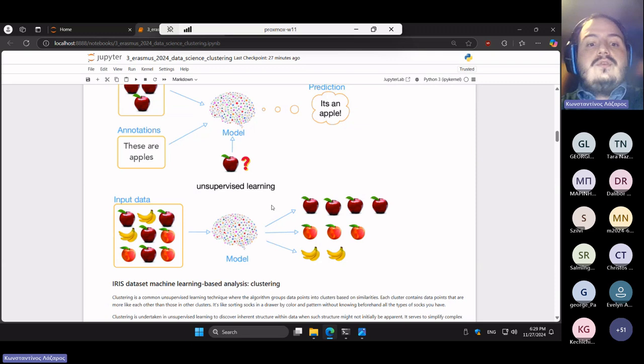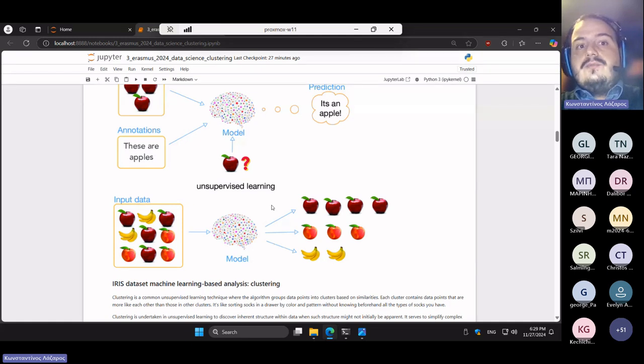Then after you've obtained a certain number of clusters, you can see how these clusters align and differentiate in relation to the available target variables. So you can combine these two strategies in situations where it's not clear how to approach a certain problem.